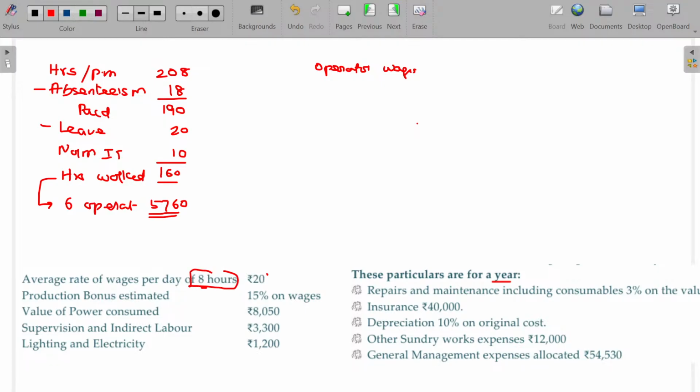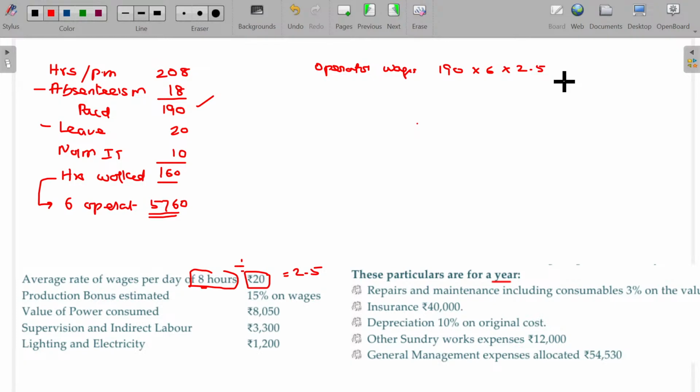For 8 hours, 20 rupees. Then divide the 20 by 8, 2 rupees 50 paise per hour. How many hours the employees are paid? 190 hours are paid, into 6 operators, into 2.5 rupees we are supposed to pay. That is payable per month.